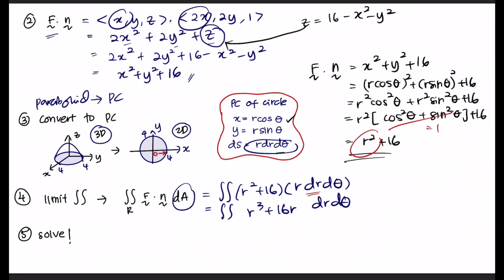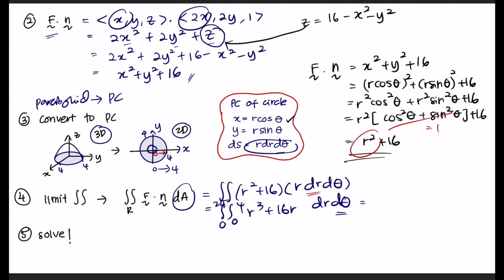Determine the limits. For r it is from 0 to 4. Theta is the angle in the xy plane, so 0 to 2 pi.